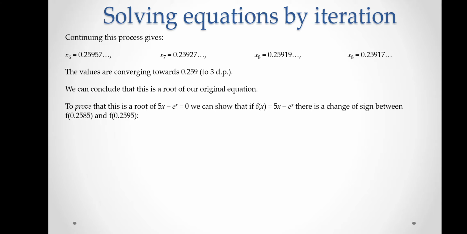So the root of the original equation we took, 5x minus e to the power x, is 0.259 to 3 decimal places.